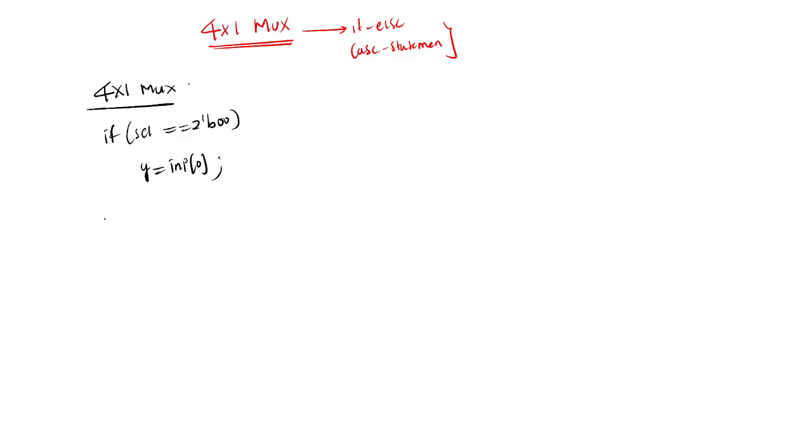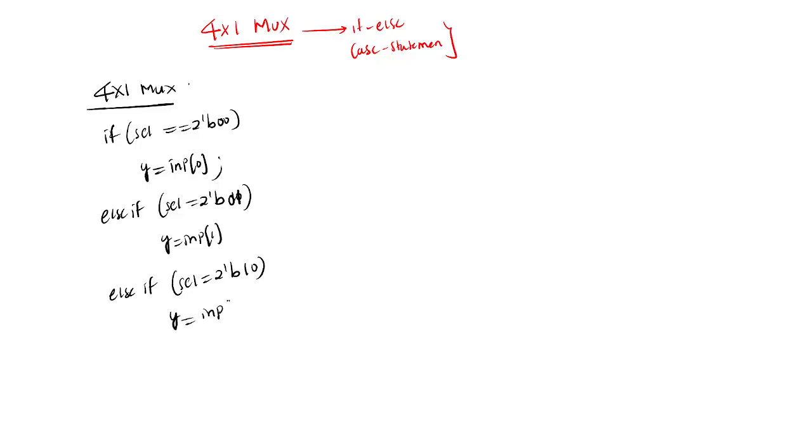Else if selection equal to 2 tick binary 0 1, which is connected, y equal to inp of 1. Similarly else if selection equal to 2 tick binary 1 0, which is connected, y equal to inp of 2.